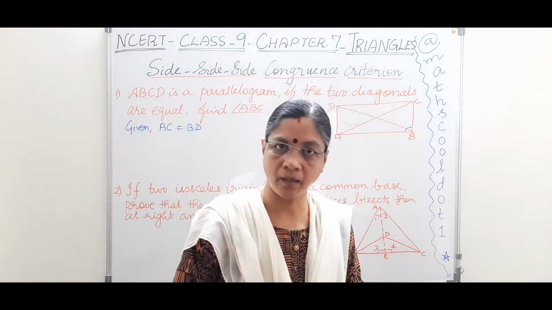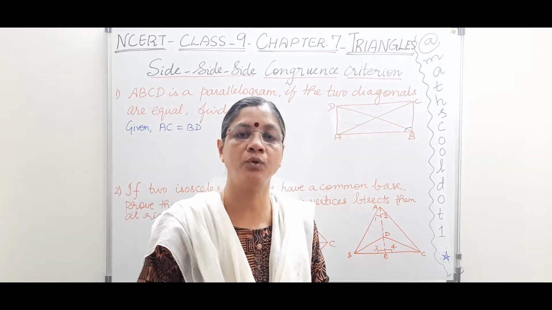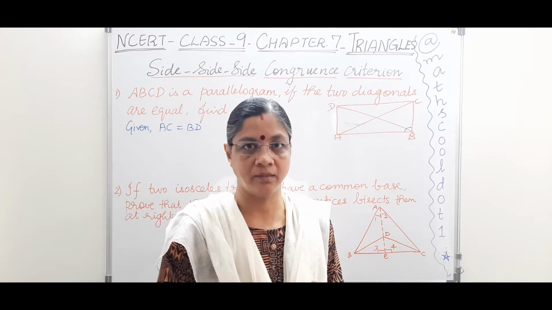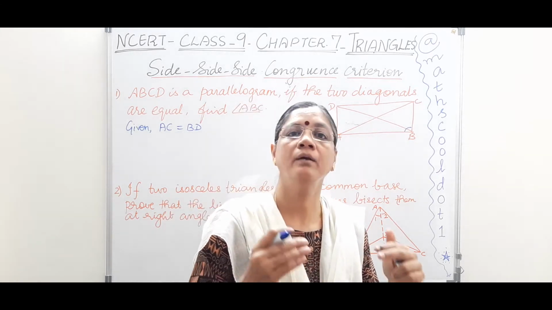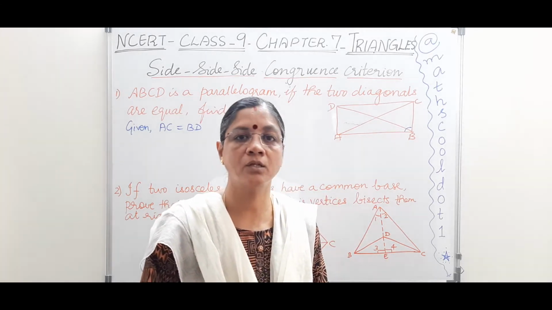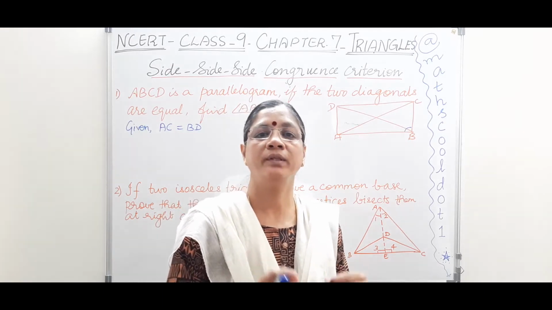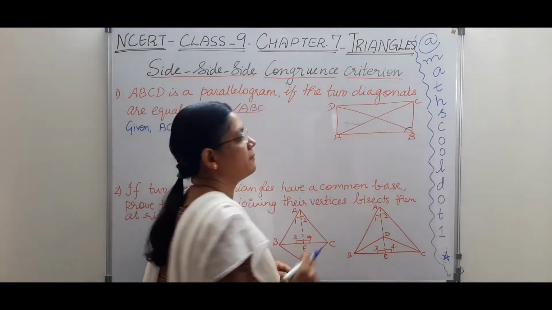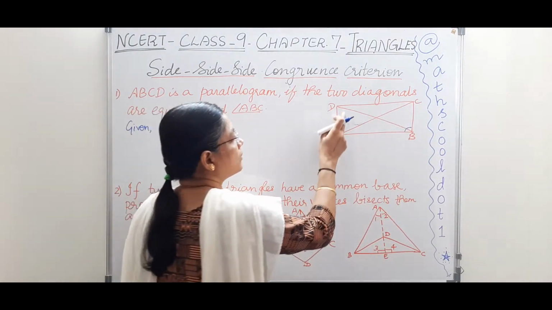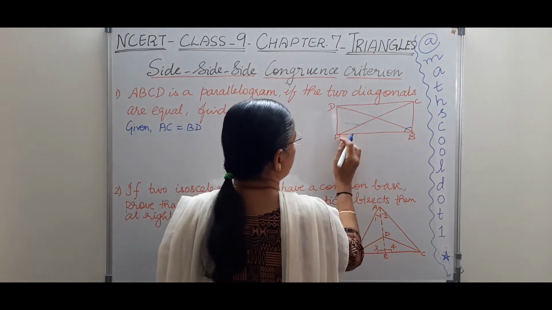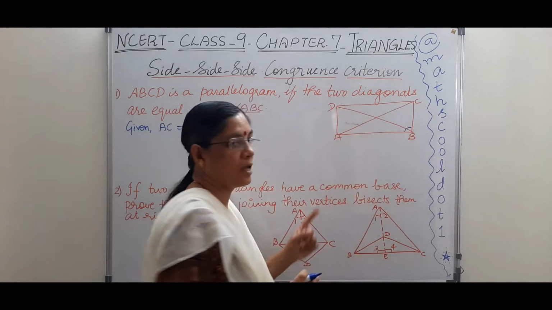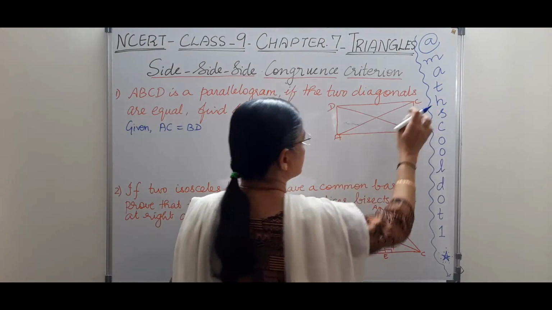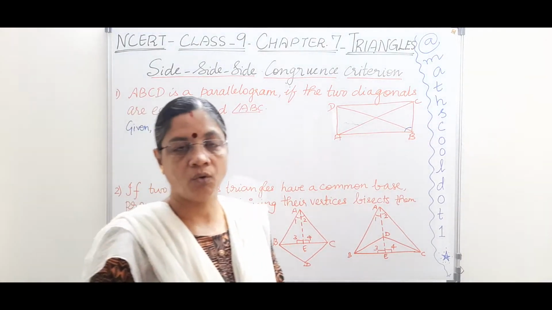The diagonals are equal. So the first thing we need to do is spot two triangles with these diagonals, because we are given that the two diagonals are equal. BD is a diagonal here and AC is another diagonal. Since BD is here, I am taking ABD as one triangle and with the same base AB, the other triangle ABC.